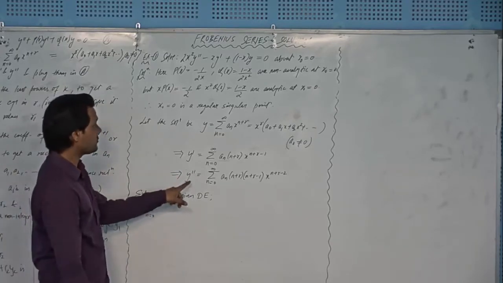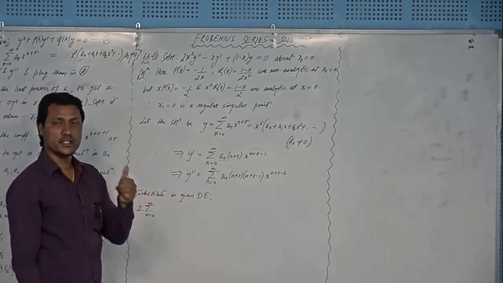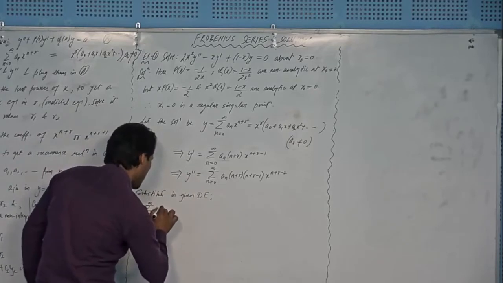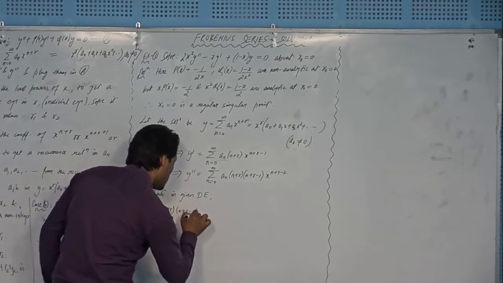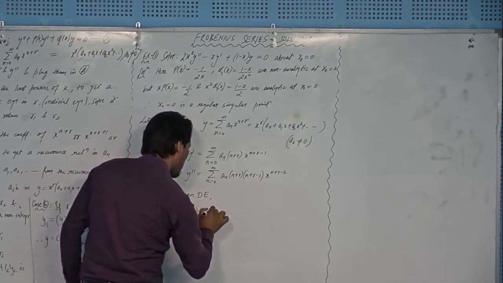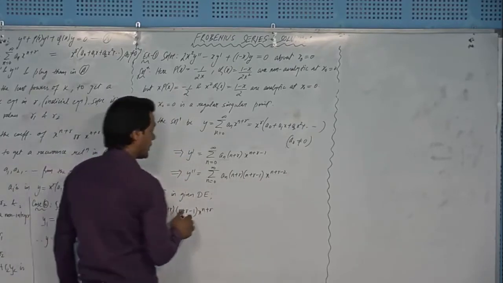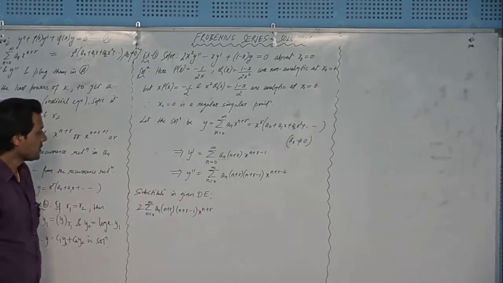I'm multiplying this with x square, but the range is still unaffected, though it was affected in case of power series. So a n, n plus r, n plus r minus 1, and x to the power n plus r minus 2 plus 2, because I multiplied this with x square, so it will become n plus r only. The powers will add. So this is the first term.